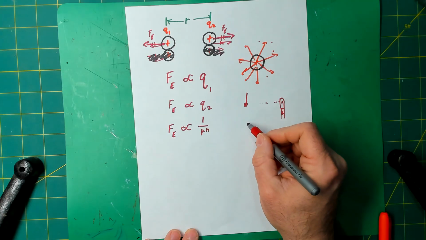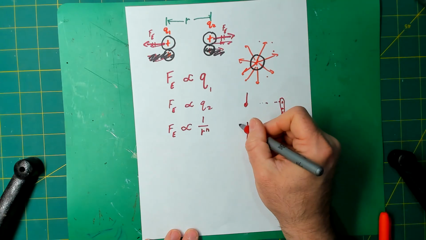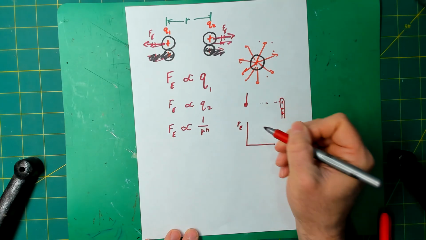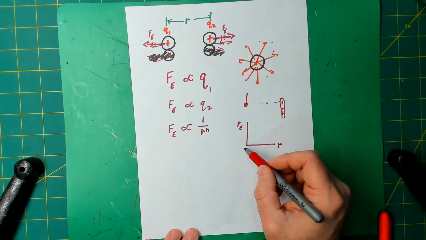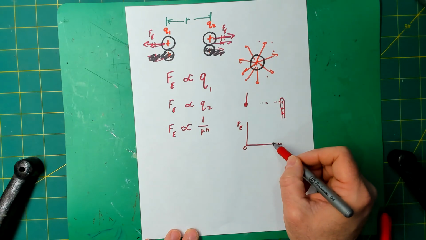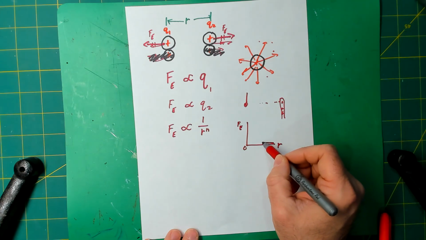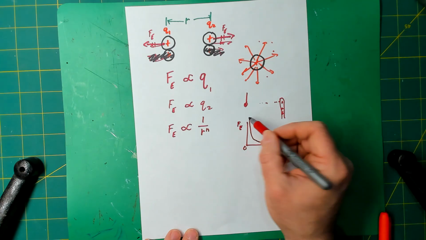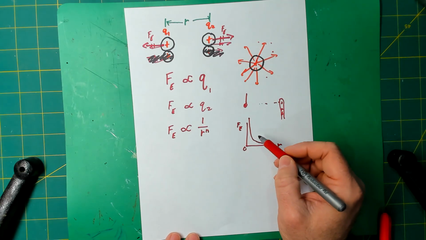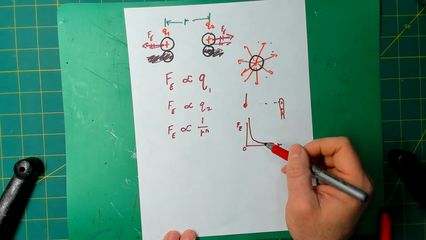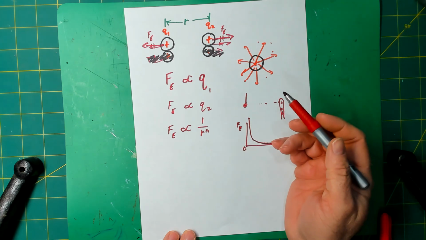So if I drew a graph of how big that electrical force was versus how far apart the things are, when they're really far apart, that force was really small. And then it barely changes. And then when we got close, it suddenly shot up. So that's our first inkling that it might be something more extreme than a 1 over r graph.